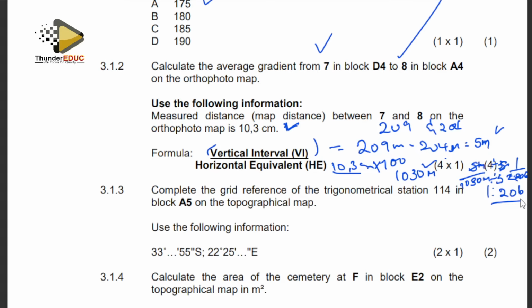Okay. Please don't forget, learners, when you reach here, you must divide by the smallest so that you get the answer in ratio. And don't forget here, you multiply by 100. Why? Because the map we are using here is orthophoto, and we agreed that if it is orthophoto and they want the answer in meters, we use 100. If they want the answer in kilometers, we use 0.1.